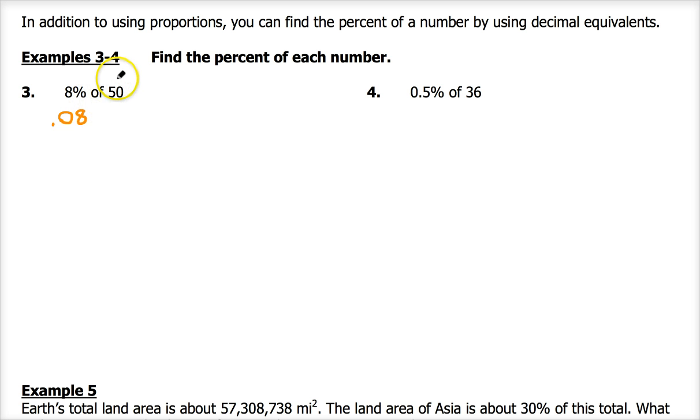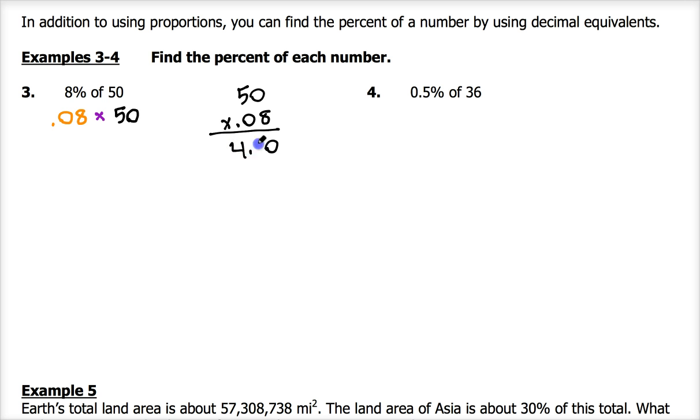And then of, remember in mathematics, of typically means multiply. So we could rewrite this problem as 0.08 times our whole number 50. So if I take 50 times 0.08, what will I get?